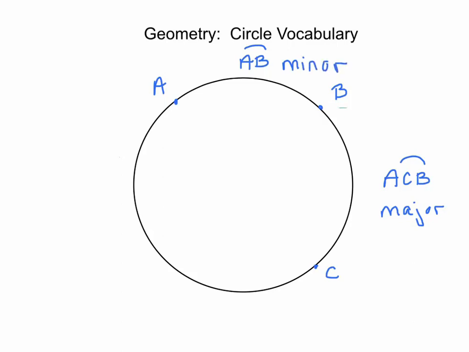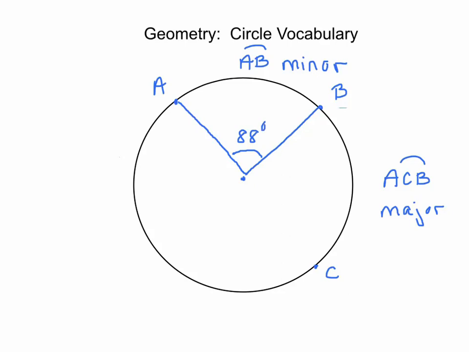Now, we can actually quantify the measures of those arcs in degrees. To do that, we need a central angle, or central angles. I'm going to find the center of this circle just by eyeballing it, and I'm going to draw two radii that together connect A and B to the center. That angle looks like about 90 degrees. I'm going to call it 88, just because I don't know if it's exactly 90.